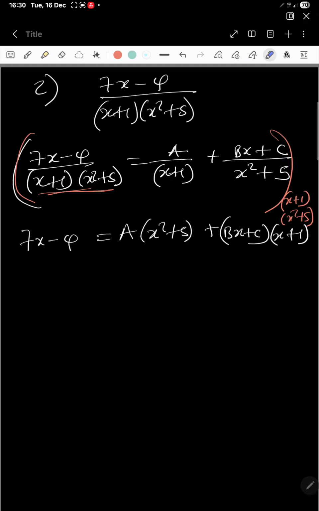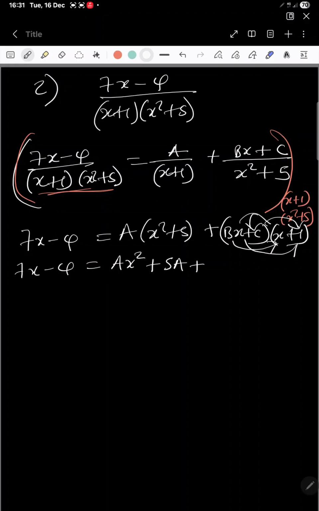So by doing so, we have 7x minus 4 is equal to, multiply the a with there, we're going to have ax squared, a times 5 is plus 5a. Then plus, we also multiply this with that. So bx times x is going to give us bx squared, bx times 1 is plus bx, then c times x is plus cx, and then c times 1 is plus c.